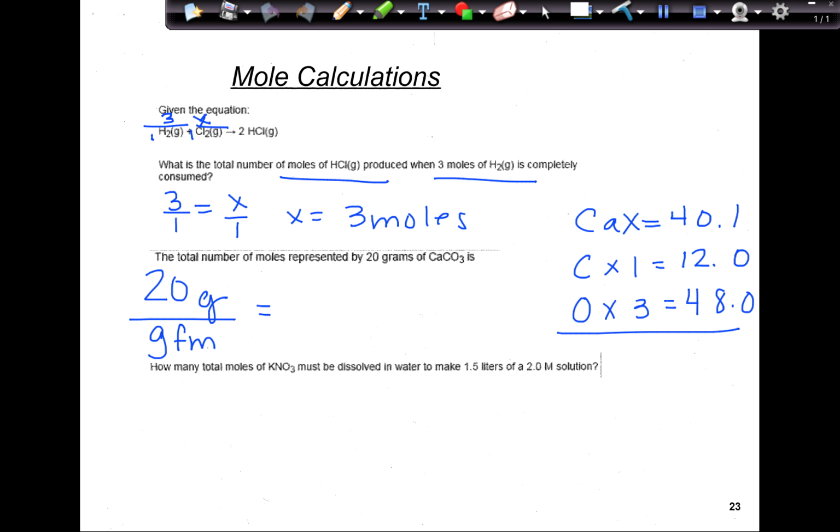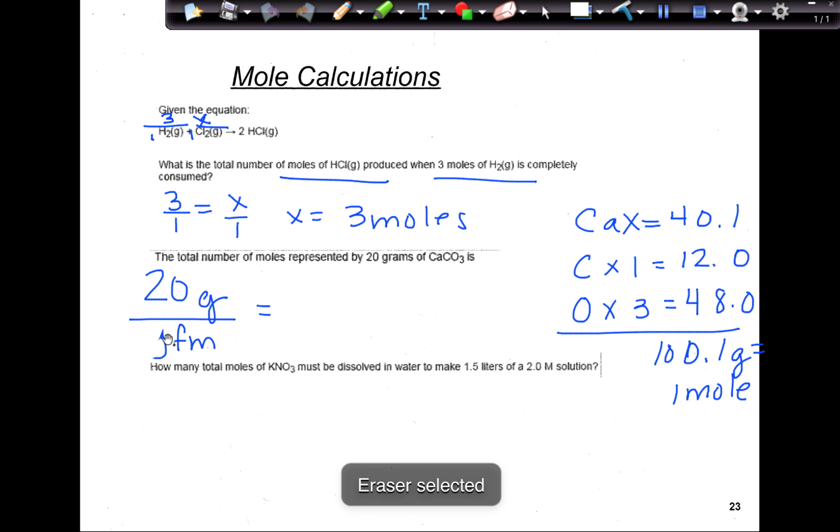which means that for this particular substance, when we add the masses together, we get a gram formula mass of 100.1 grams, and that's the mass that equals 1 mole.